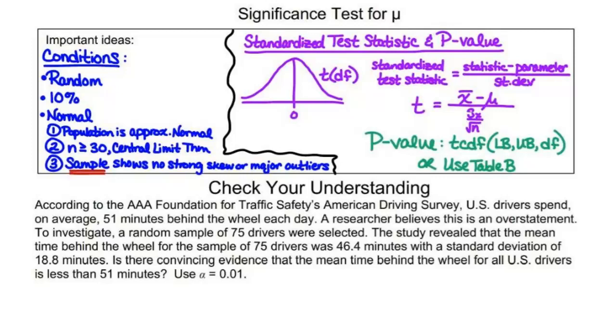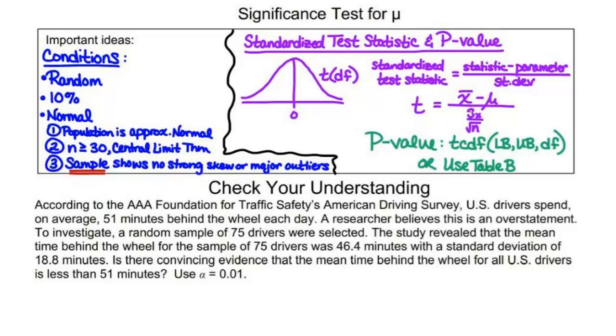Standardized test statistic, our p-value. T is equal to x bar minus mu divided by Sx over the square root of n. And then to find our p-value, again, you can use table B, or you can use your calculator with t-CDF. When we do our t-curve, which has the same basic shape as a normal curve, a bell-shaped curve, it's t with the degrees of freedom, and the mean for this is always 0.